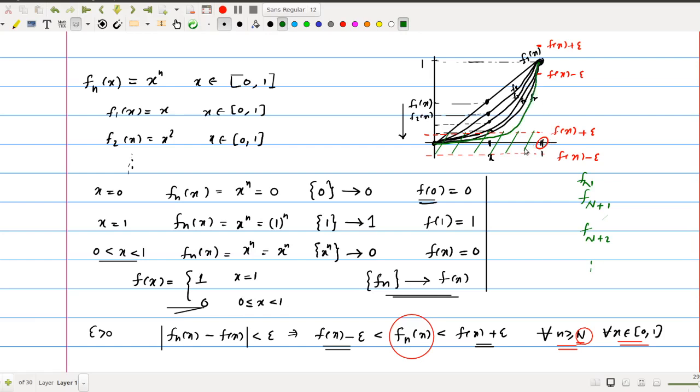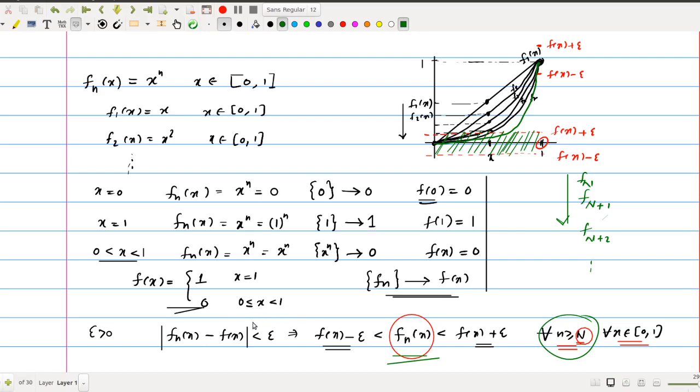So if you consider any function fn of x, we never get the graph of that function fully contained in this strip. That means we can never expect a stage which satisfies this condition, which shows that the convergence of this sequence of functions is not uniform.